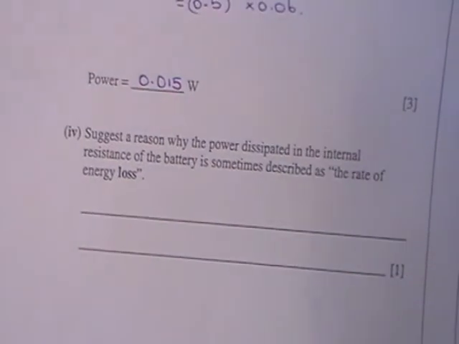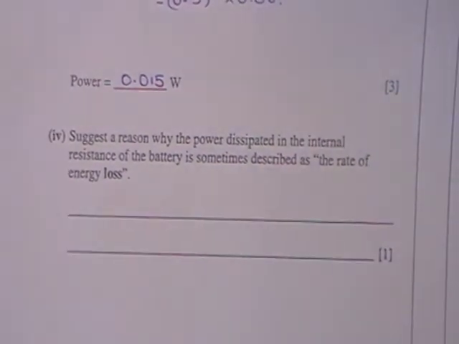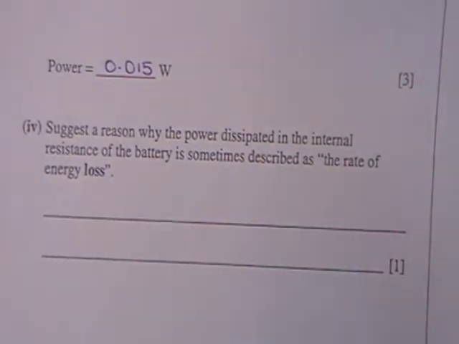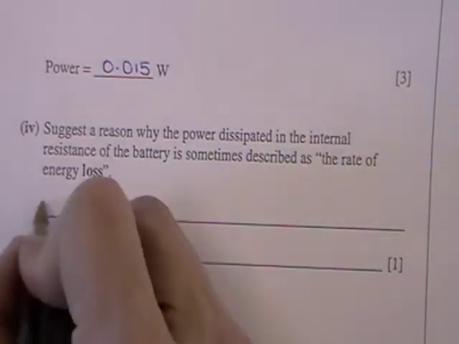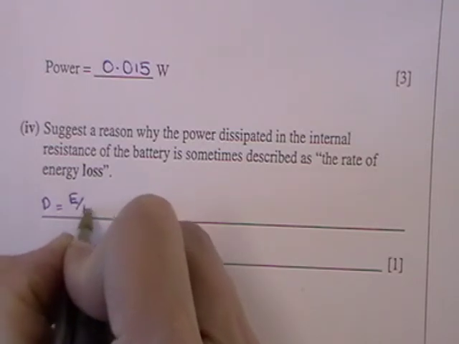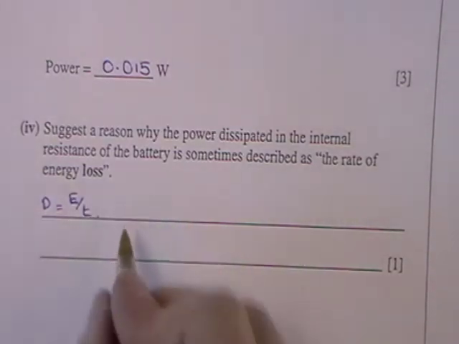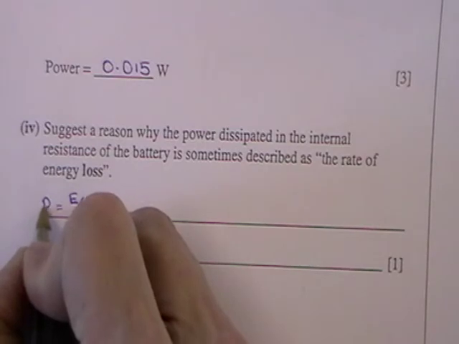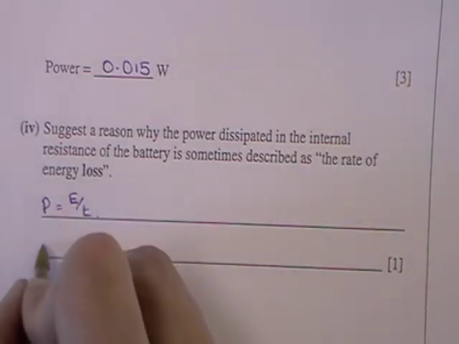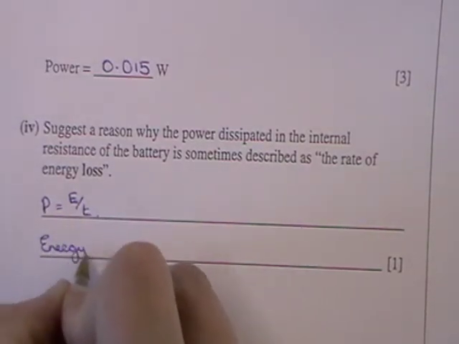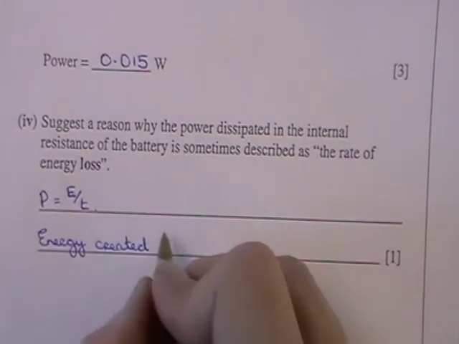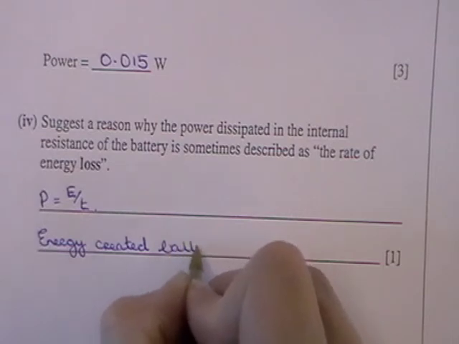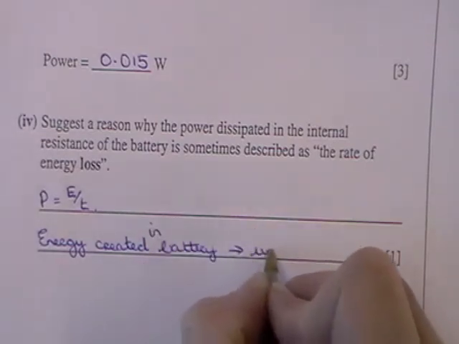Suggest a reason why the power dissipated in the internal resistance of the battery is sometimes described as a rate of energy loss. And the reason is because, well, first of all, power is energy over time, so that's the rate of energy being changed or being lost. So that gives you the rate idea, but also then the energy transferred inside the battery is unusable heat.